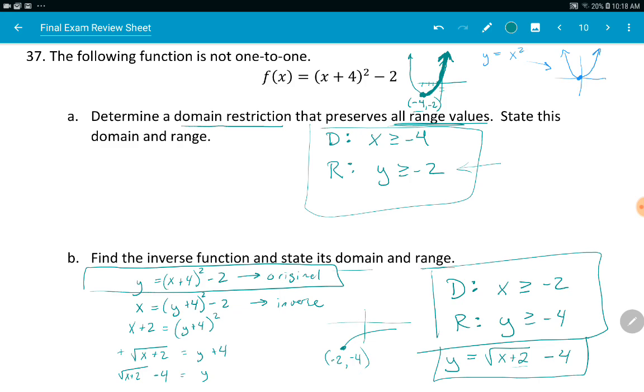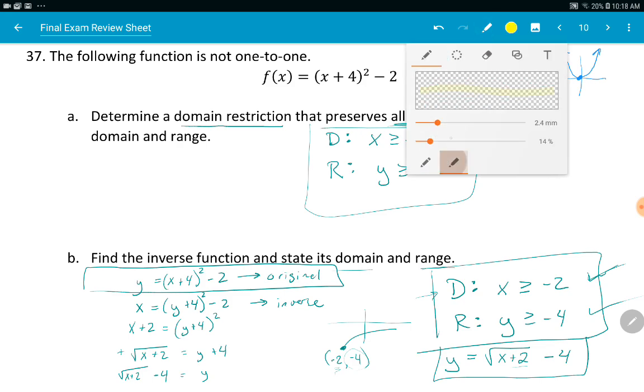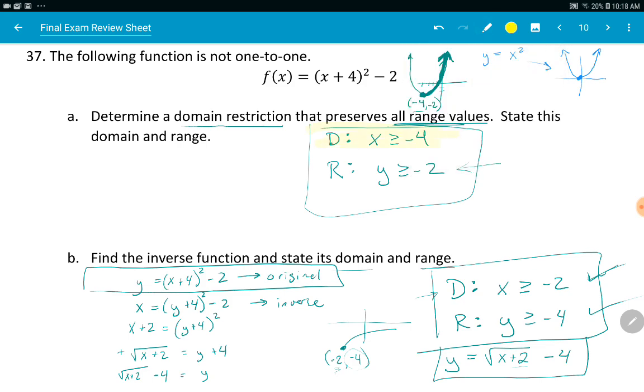So it looks something like that. So our domain starts at x equals negative 2 and goes on forever. So that one is correct. Check. And the range starts at y equals negative 4 and goes up forever. So check. So there's our final domain and range, which is just as it should have been, of the flip of the first function. And there's our inverse function.